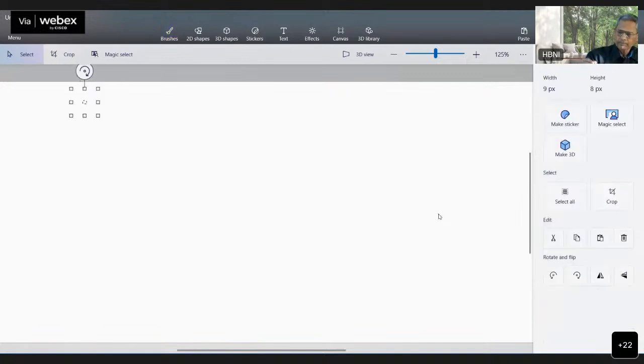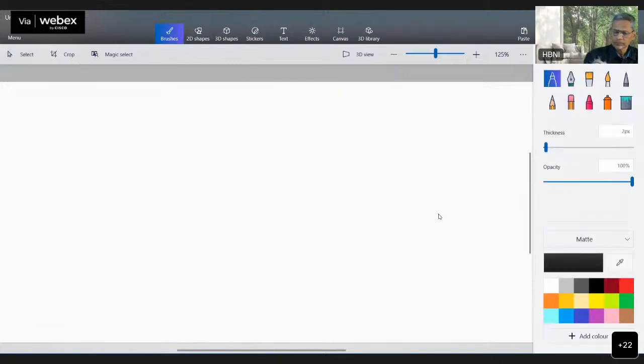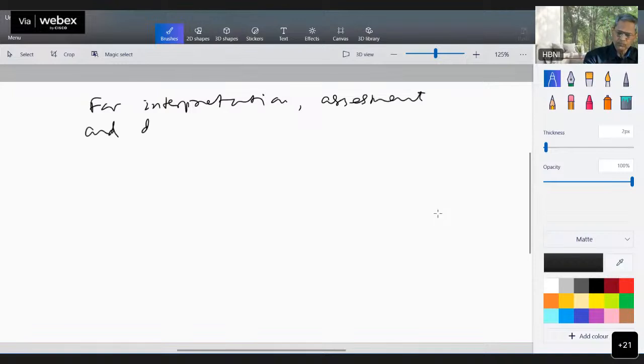For interpretation, assessment, and discussion, use the present tense.